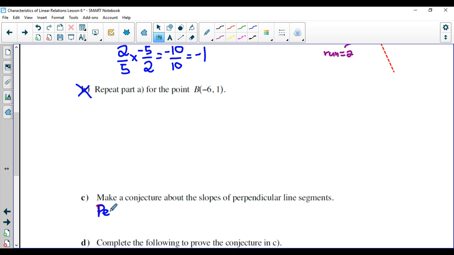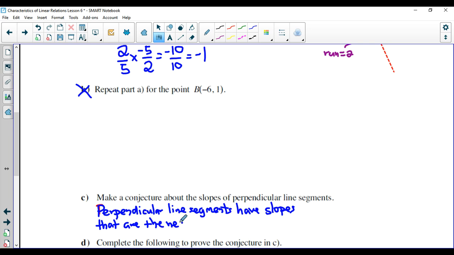Perpendicular line segments have slopes that are the negative reciprocal of one another.